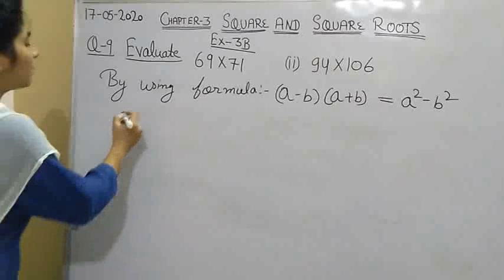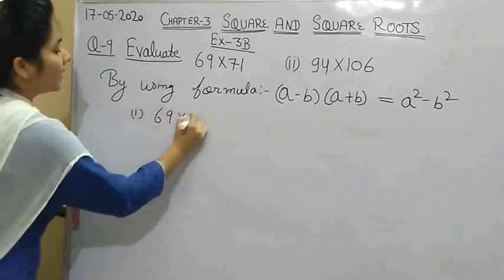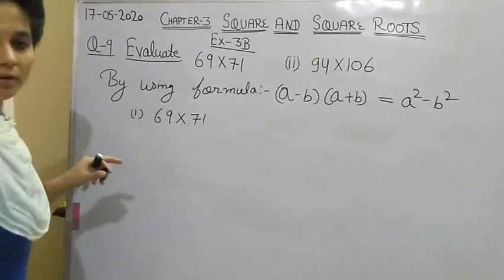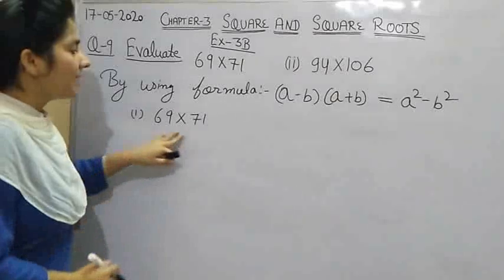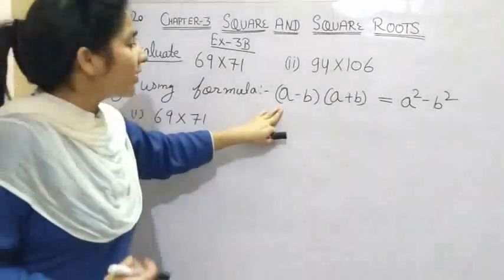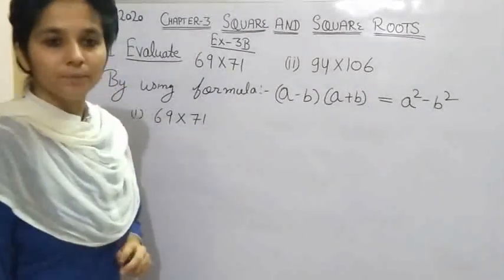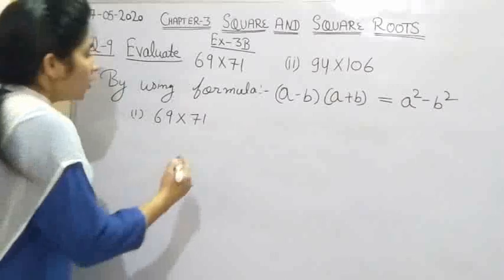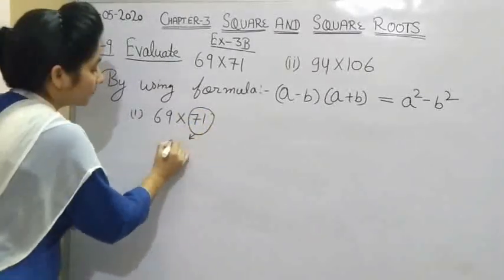Yes, your given part is 69 multiply 71. From 69 and 71, we can find out the value of a and b. You will focus on the greatest number.